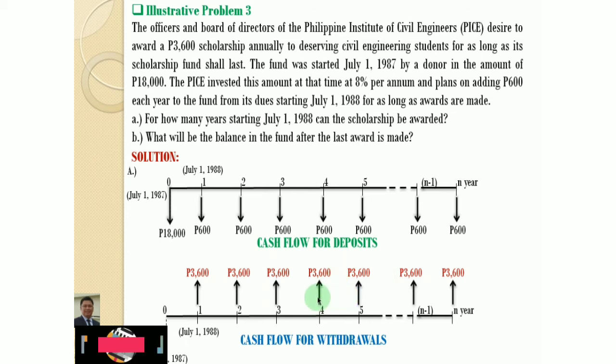So that is why this is going upward, because this is now a cash outflow, going out from the pocket of the PICE organization. So they will start giving this 3,600 from the very first year, on July 1, 1998 until the nth year, okay.